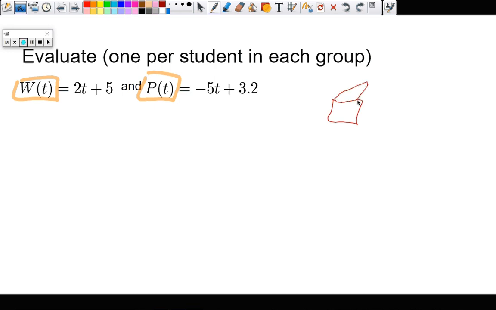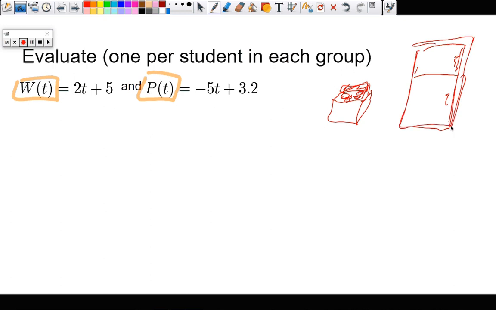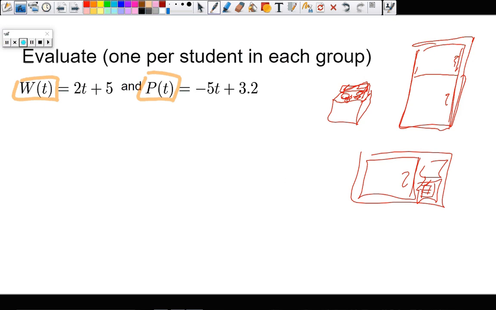And just real quick, because at home sometimes it's better that we see things, let's say we have something like this. I have three appliances in the kitchen. I have a microwave that I could call m of x. I have a refrigerator, let's call it f of x.